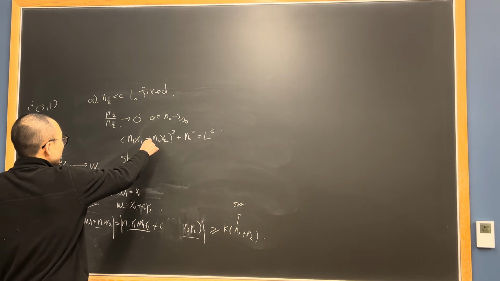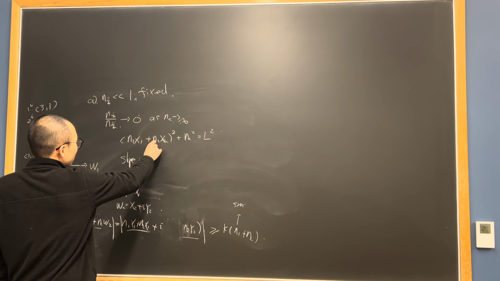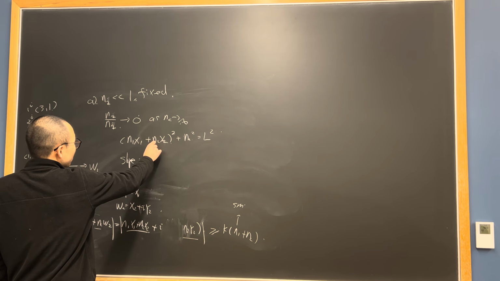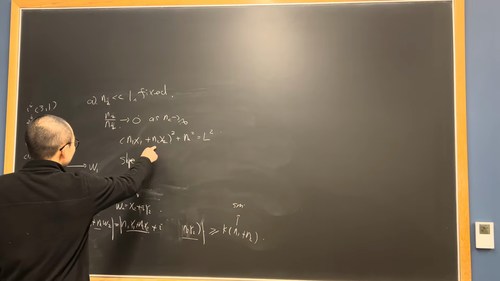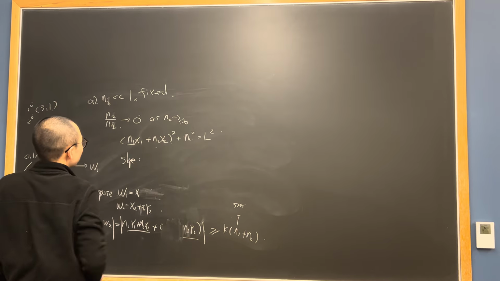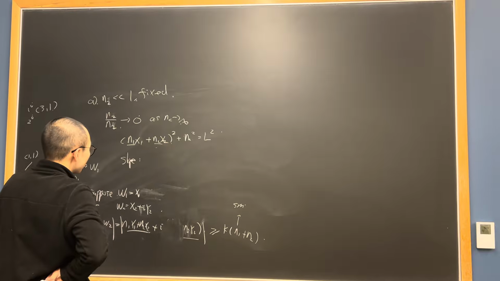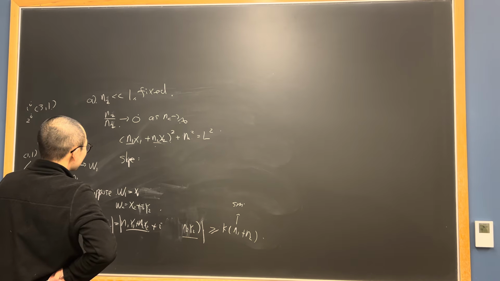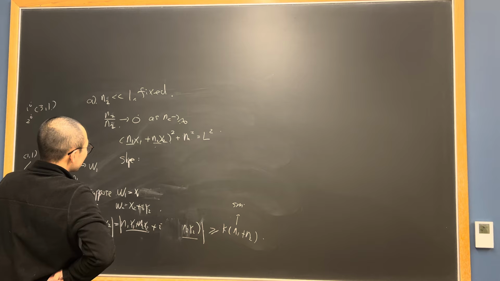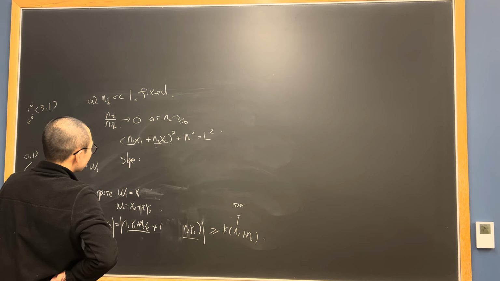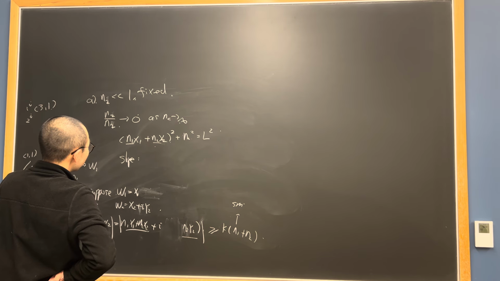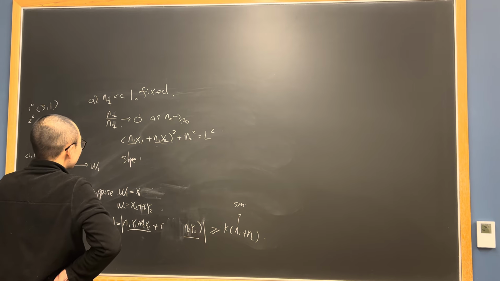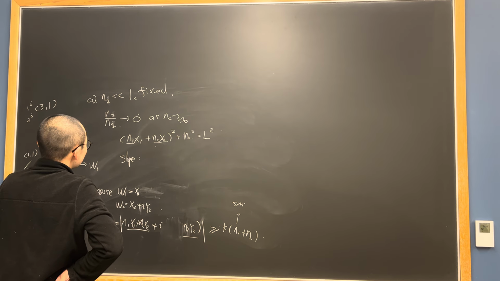So the ratio: if I make this one bigger and bigger, and this one is also fixed, eventually the limit will go to 1.